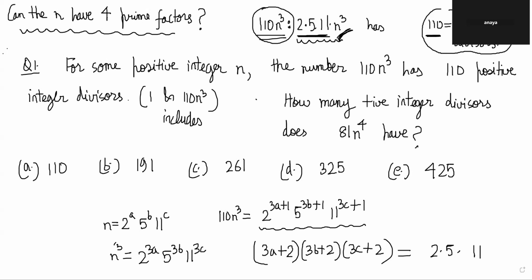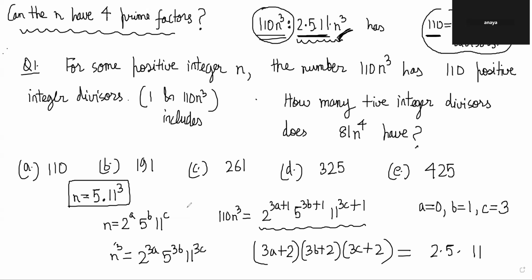What are a, b, c? Then a equals 0, b equals 1, and c equals 3. So n is 1 times 5 times 11 cubed. And then you just plug it in.